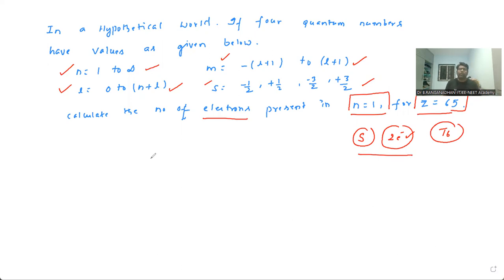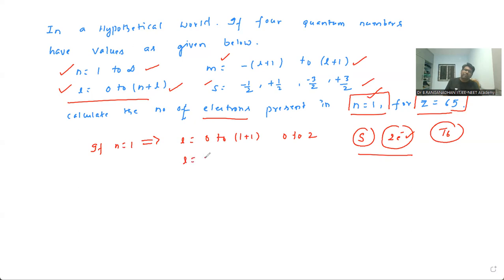So how do we find the electrons in this type of question? Here n equals 1 is given. For n equals 1, what are the L values? L equals 0 to n plus 1, that is 1 plus 1, so 0 to 2.